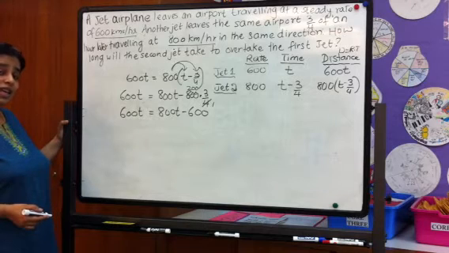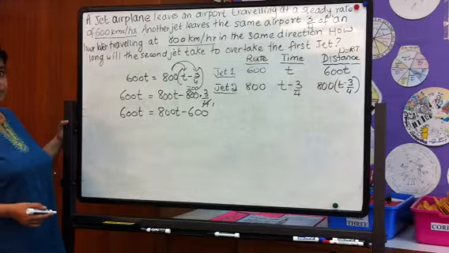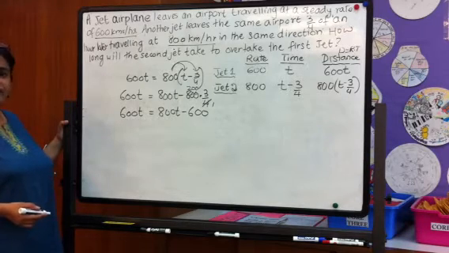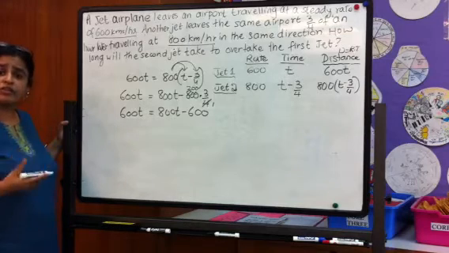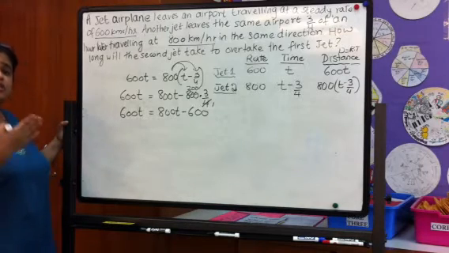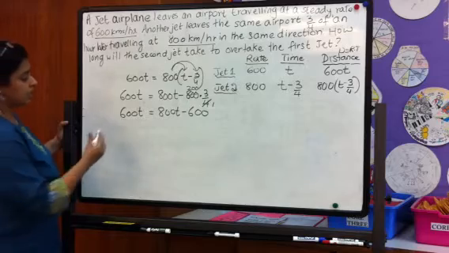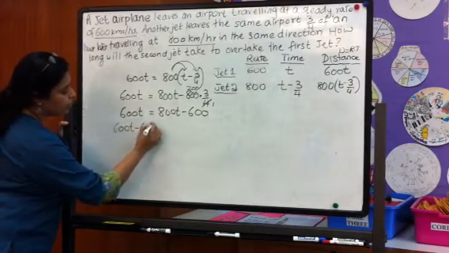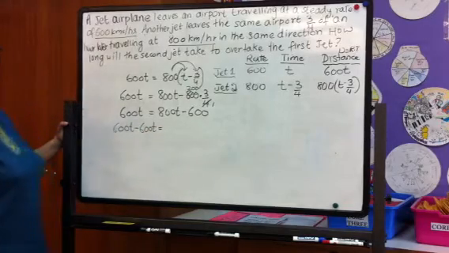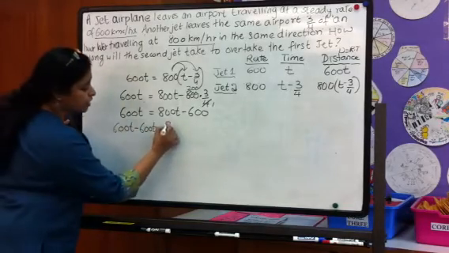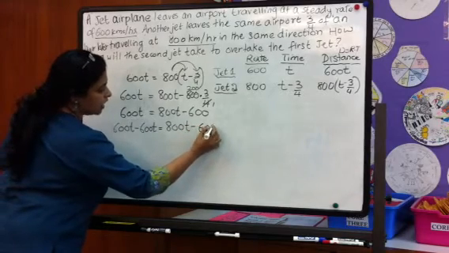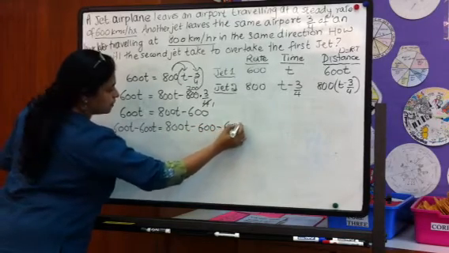But I noticed that there is a variable on the right side as well as on the left side. So I'm going to try and get rid of the variable on the left side. You can try and get rid of the variable on the right side. As long as you do the same thing to balance both sides, it's fine. I can get rid of the variable by using the inverse operation of subtracting 600t from the left side, and I'm going to do the same on the right side.